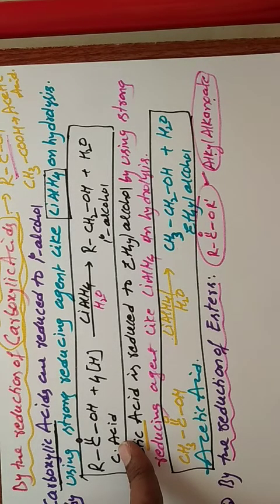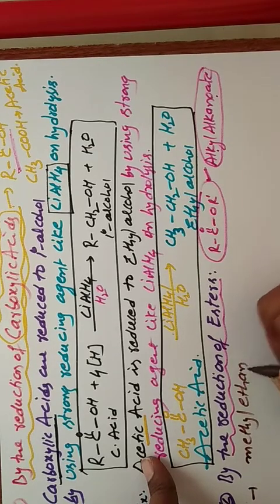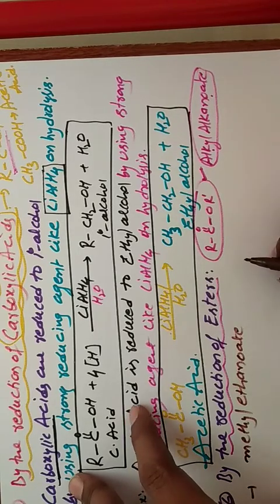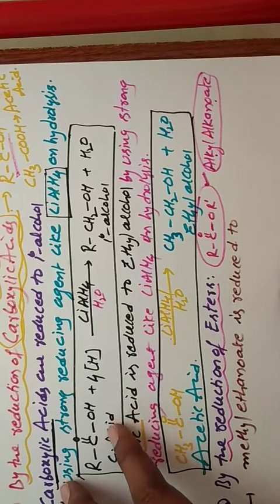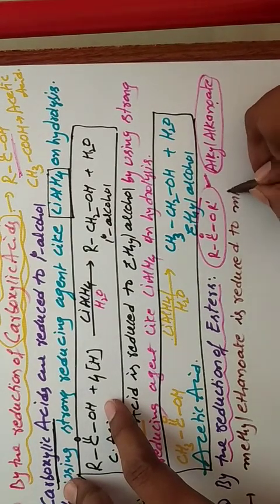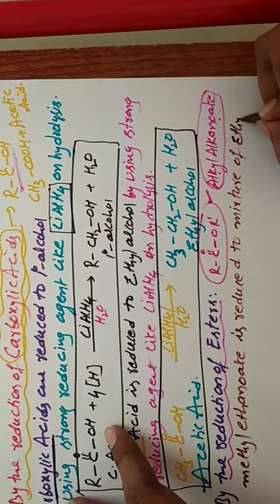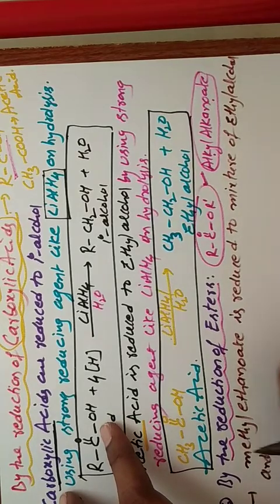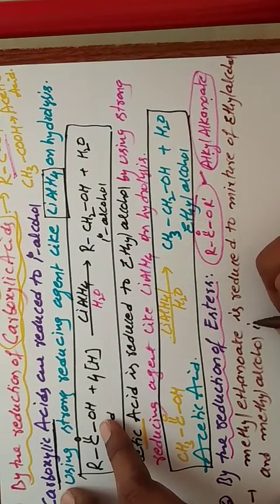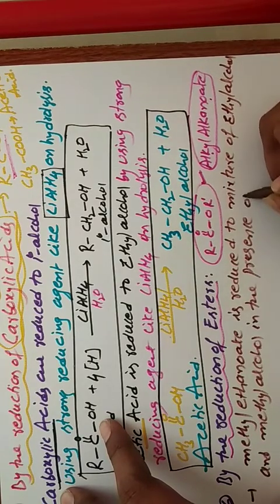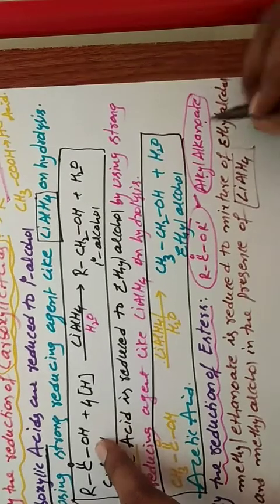The statement is: methyl ethanoate is reduced to a mixture of ethyl alcohol and methyl alcohol in the presence of LiAlH4 on hydrolysis. This is the statement of this reaction.